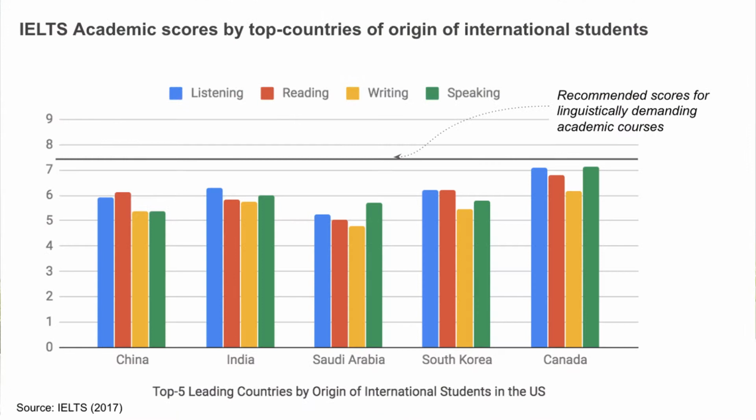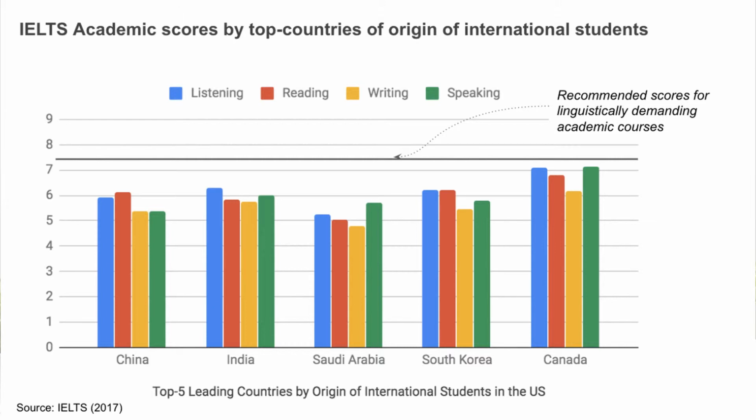If we look at the performance of students from the top 5 countries by the number of international students in the United States, which is the most attractive destination for most international students, we will see that the majority of test takers do not actually get 7.5.